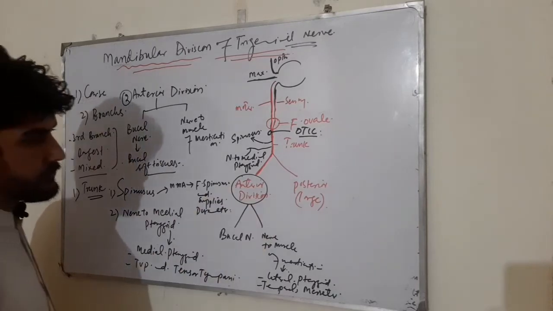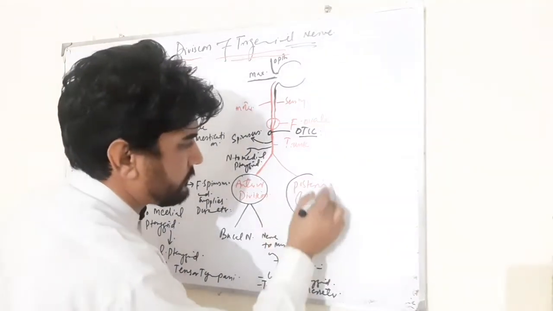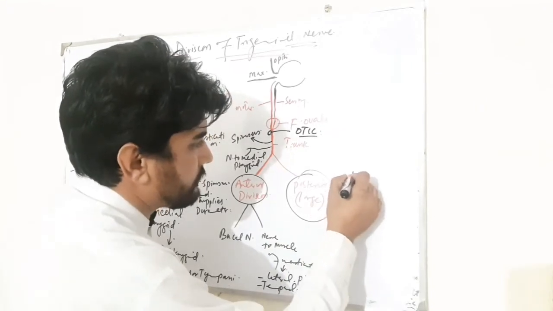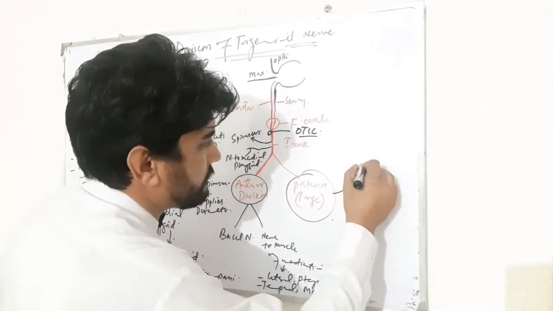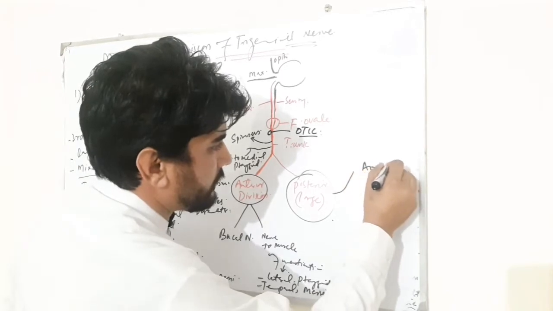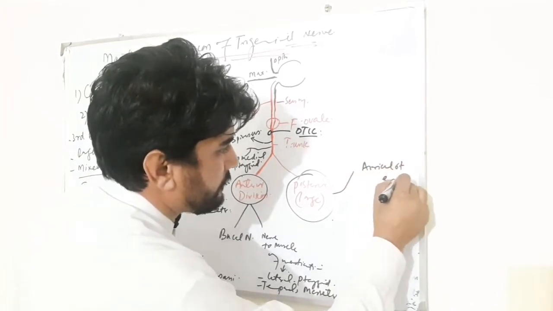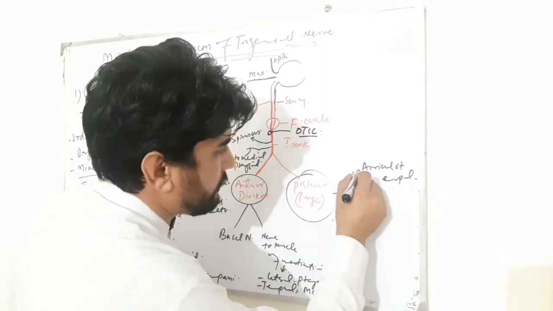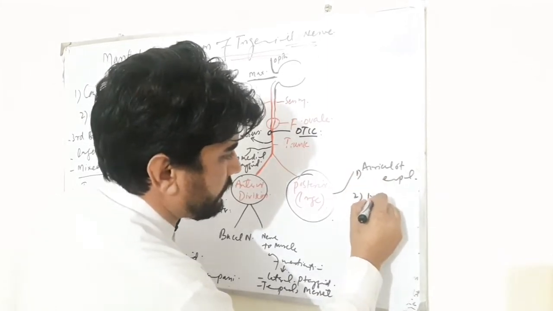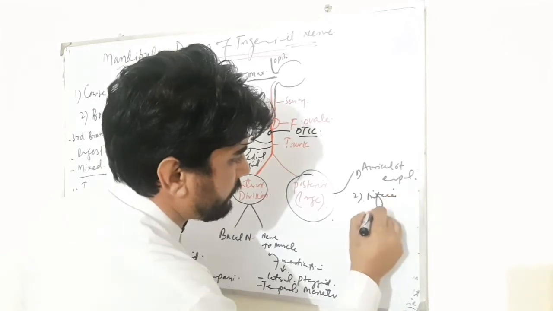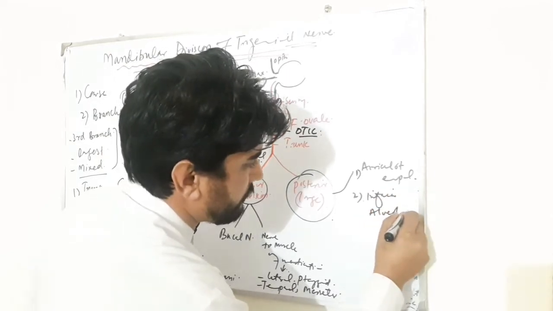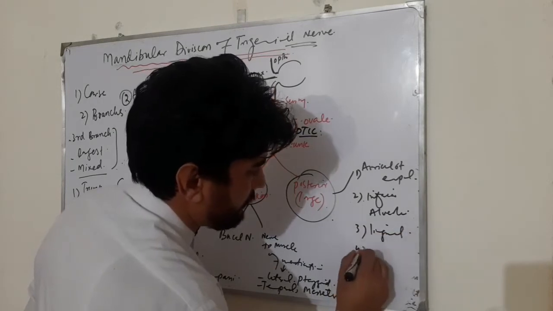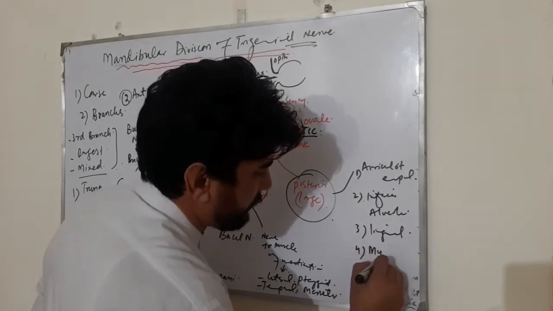Now we come to the posterior division. The posterior division gives rise to the auriculotemporal nerve, the inferior alveolar nerve, the lingual nerve and the mylohyoid nerve.